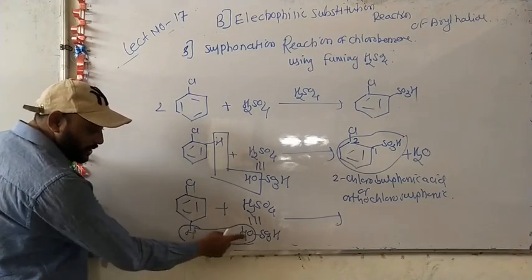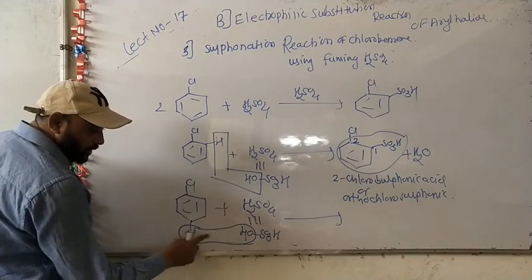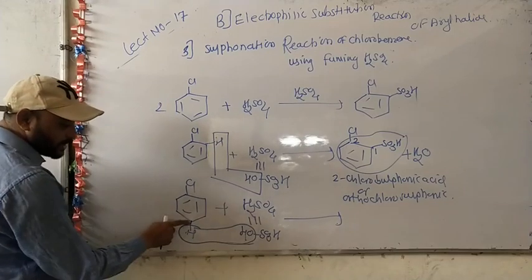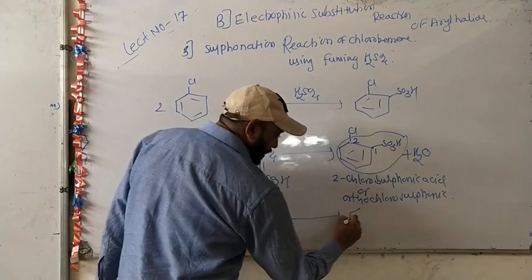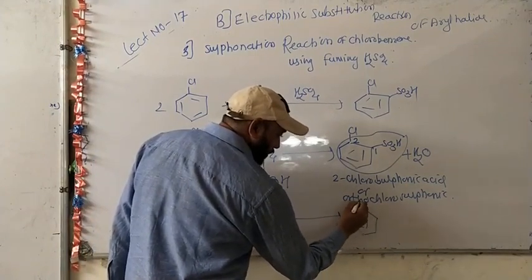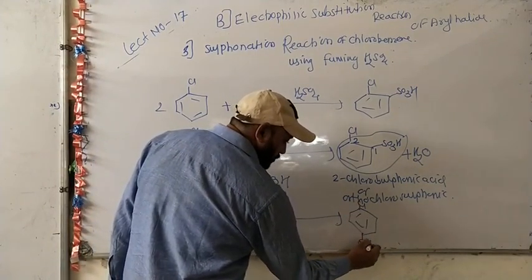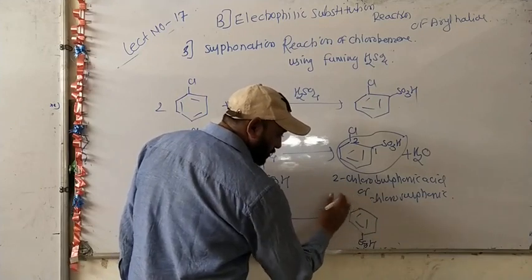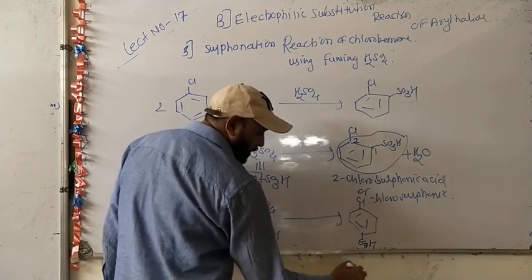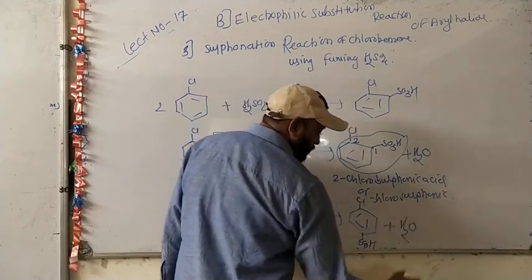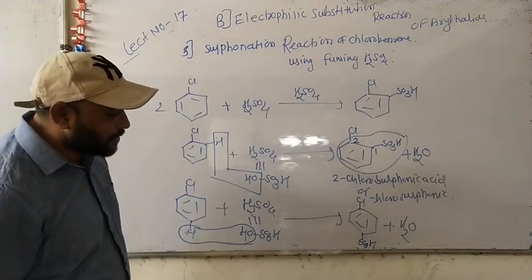So what is lost from this side? H2O, and this SO3H group replaces this hydrogen, forming another product, Cl, SO3H, plus H2O.